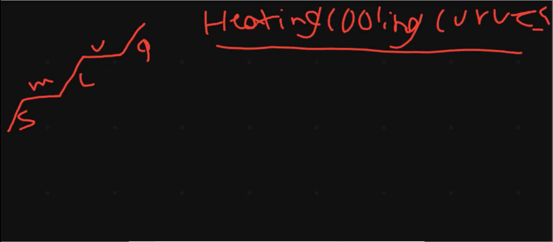Heating and cooling curves allow you to determine how much heat energy is required for, let's say, water, which we're going to do some examples of later on. How much energy it takes for a certain amount of water to change from a solid to a certain temperature. Now that might be confusing at first, but once we get through examples, hopefully it makes more sense.